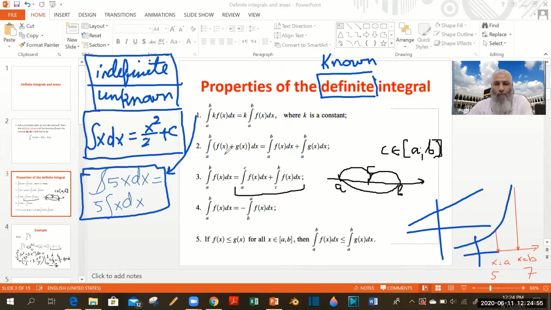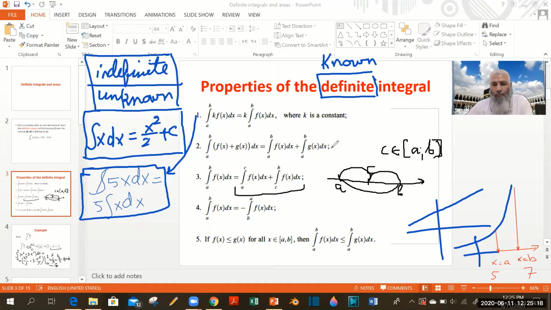Now, rule number 2: the integration from a to b of f of x plus g of x dx equals the integration from a to b of f of x dx plus the integration from a to b of g of x dx. This is repeated too, right?